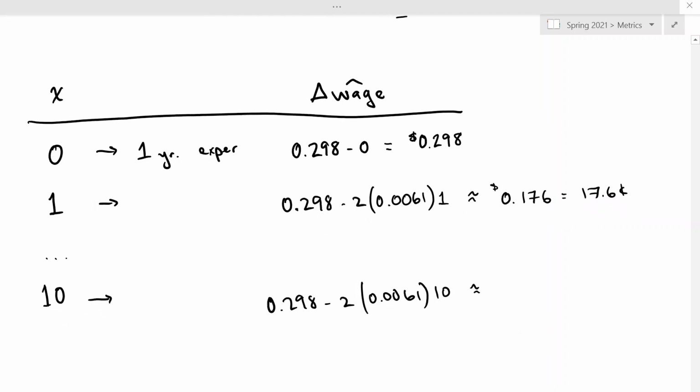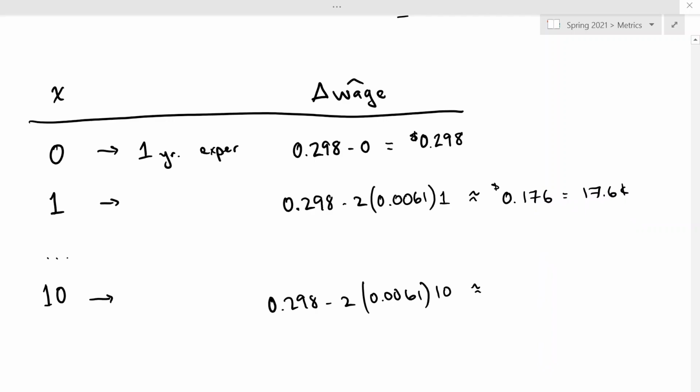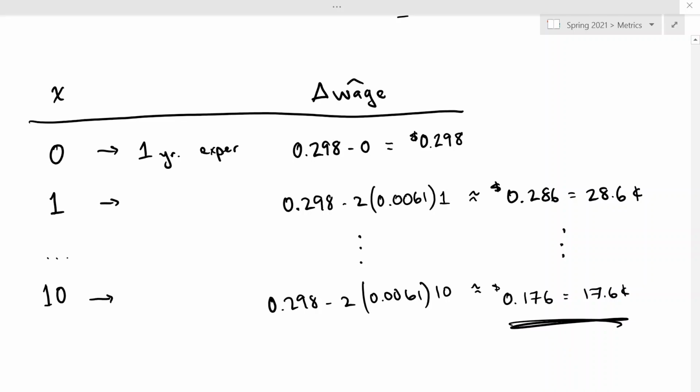Sorry, up here, if you calculate 29 cents minus 0.0061 times 2, that's going to come out to 0.286 or 28.6 cents.